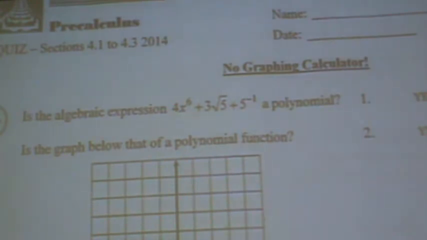The variables could not be in a radical. The variables could not be in the denominator. So none of this. No fractional.